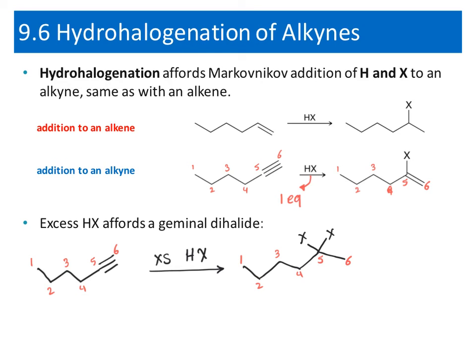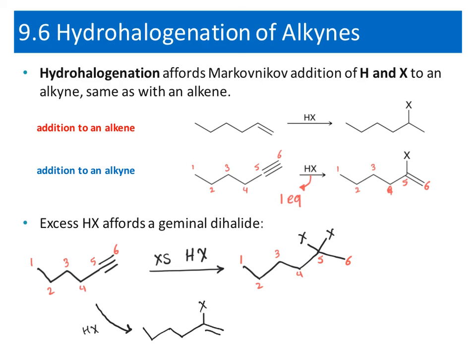So we are adding H and X across the pi bonds between carbon 5 and 6 twice. So the intermediate here is this halogen alkene, basically. So we are forming this alkene with one equivalent of reagent.